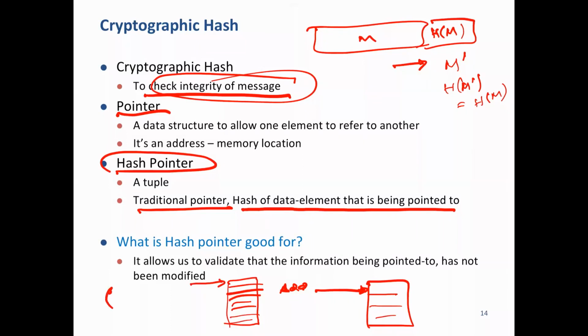So my hash pointer will have that address, say A0, and you take the hash of this entire thing, let's assume h of m. So this will also hold h of m. So a hash pointer has the address and the hash value of what it is pointing to. All right, any question?